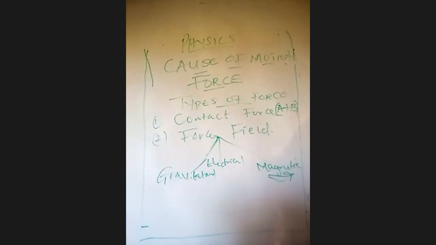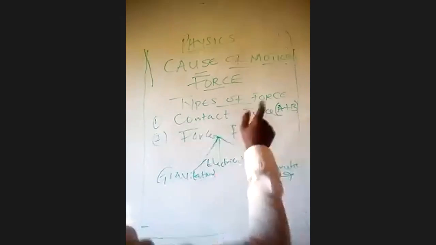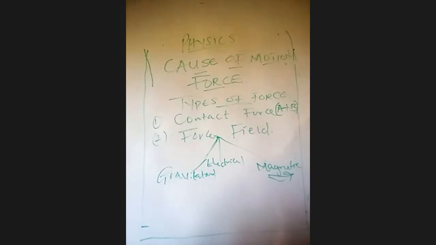But if the force needs body A and body B to come in contact, it is referred to as contact force. So that is all you need to know about force as one of the causes of motion.